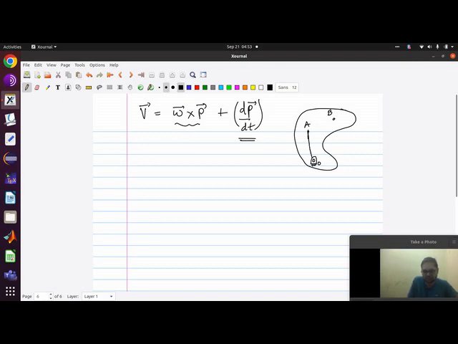So let me see if I can join these two. Okay. The velocity vector at point A will be perpendicular to OA, and at point B will be perpendicular to OB, like that. Okay, because the body is rotating in this direction. Now, velocity of B with respect to A is velocity of B minus velocity of A. Now, since the body is in pure rotation, you do not have this component.